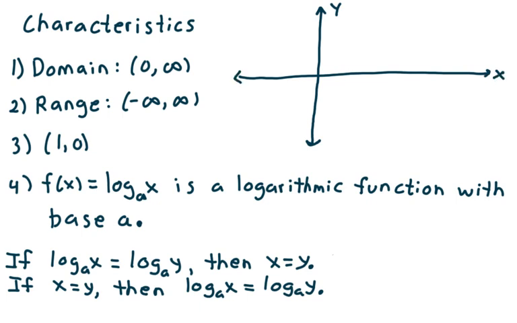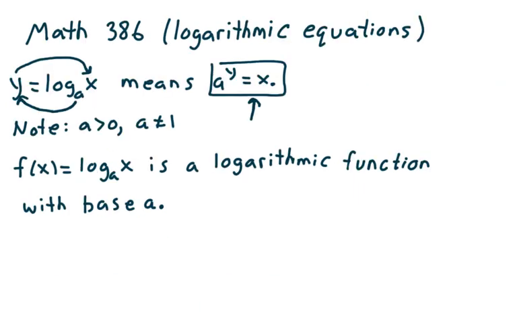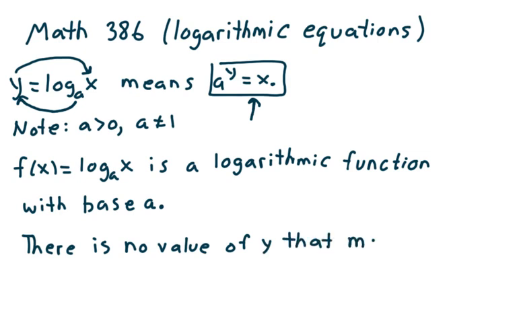Now, we have what's called a vertical asymptote at x equals 0, because if we go back here, there is no value of y that makes a to the y equal to 0.